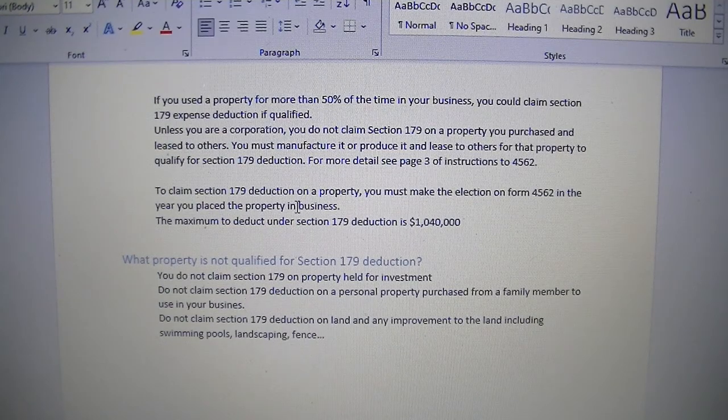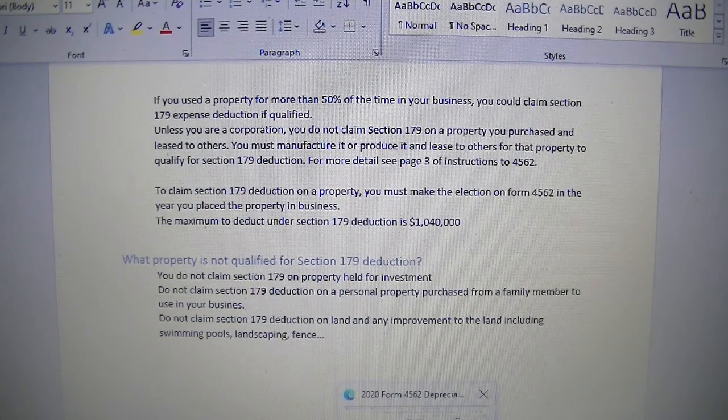To claim Section 179 deduction on the property, you must make the election on Form 4562 in the year you place the property in business. The maximum to deduct under Section 179 deduction for 2020 is $1,040,000.